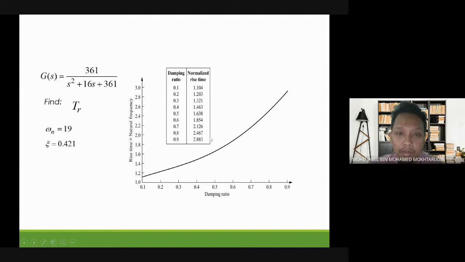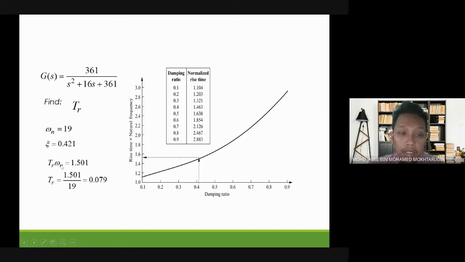And then to find Tr, you need to use the graph. So you get 0.079. So omega n, damping ratio is 0.421. So it's somewhere here. So find from the graph, you get about 1.5. So 1.5 equals Tr times omega n.